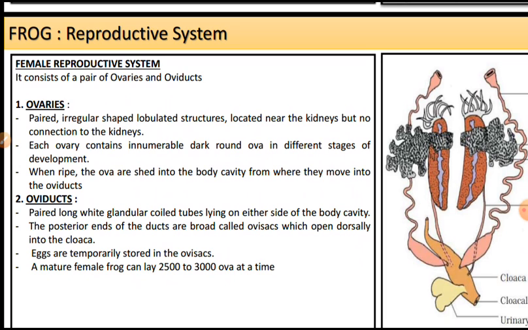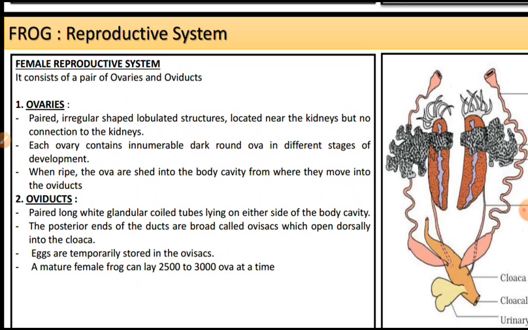This female reproductive system consists of a pair of ovaries and a pair of oviducts opening into the cloaca. The first one, ovaries. A pair of irregularly lobed sac-like structures. There is no particular shape to the ovaries.